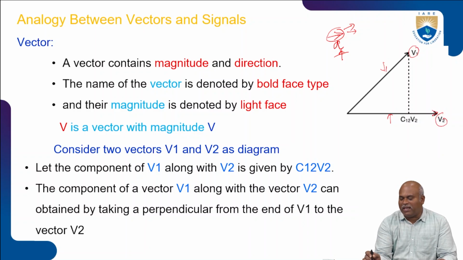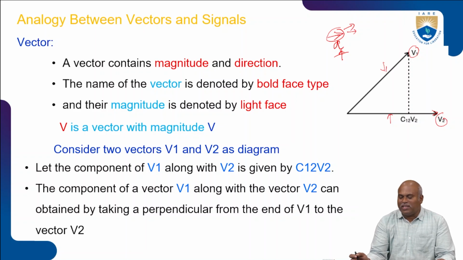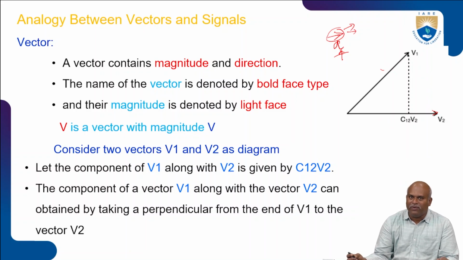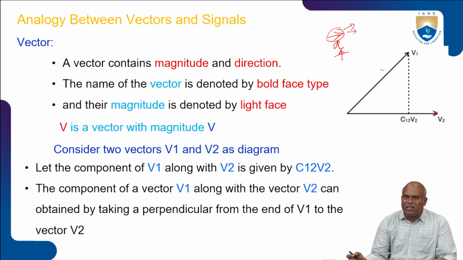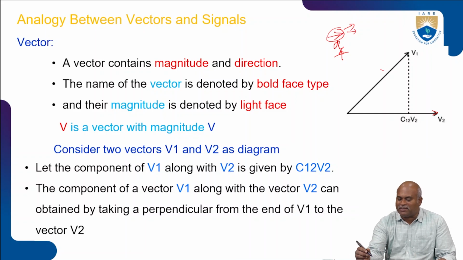Where the arrow mark is indicated, the vector is projected in that direction. V1 is projected in this direction. So simply, we represent a vector in bold face. Next, the magnitude is represented in light face.